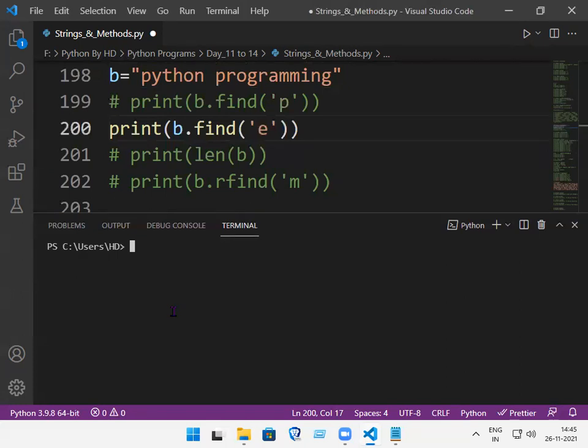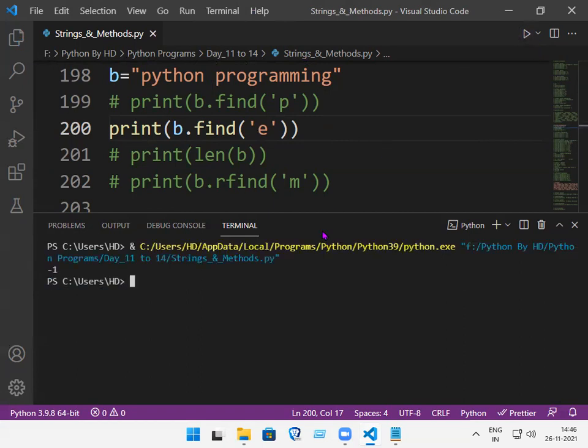In the case of the find method in strings, when I use find and that value is not there, like e is not there but I'm trying to find it, then in the output I'll get -1. As you can see, there is no e here, so if I try to find e, I'll get -1. Make a note.